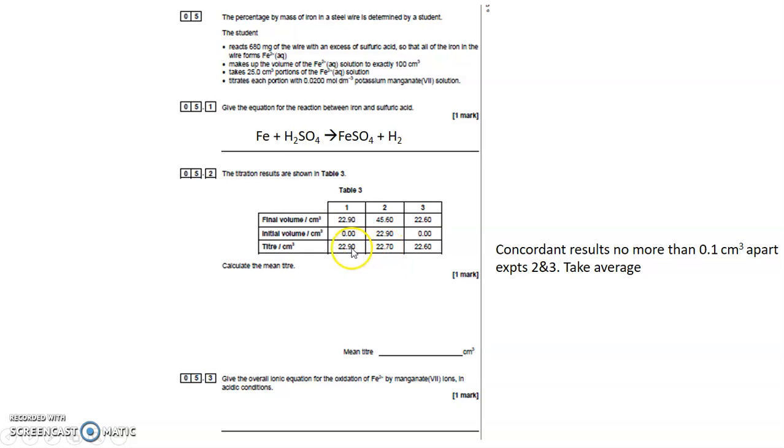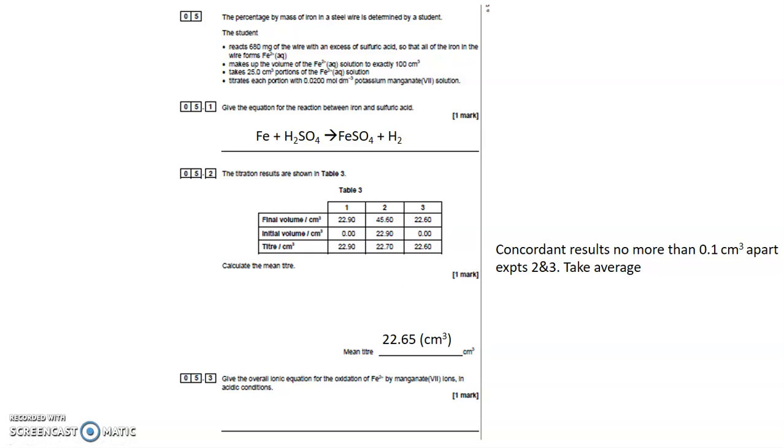Well, 1 and 2 are 0.2 apart, so they're no good. 2 and 3 are 0.1 apart, so we're going to ignore titration number 1 and just take a mean, another word for an average, of titrations 2 and 3. 22.70 added to 22.60 divided by 2, because there's only 2 titrations that we're actually using, gives 22.65 cm³.